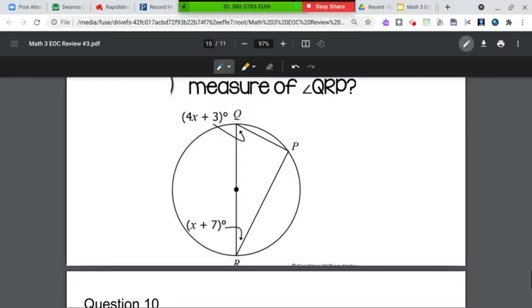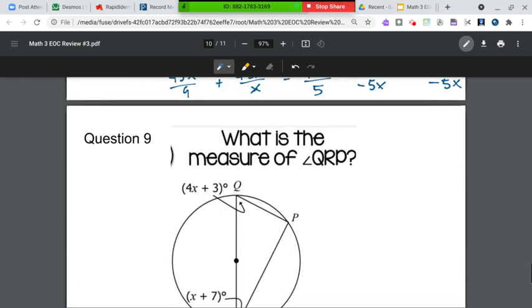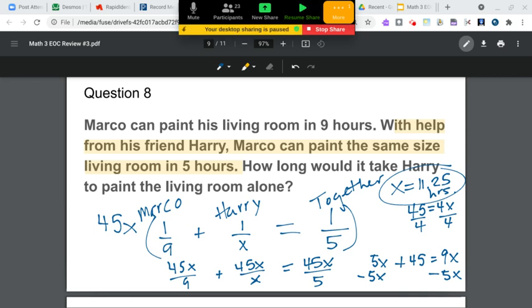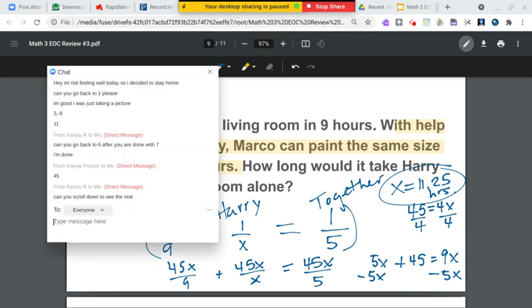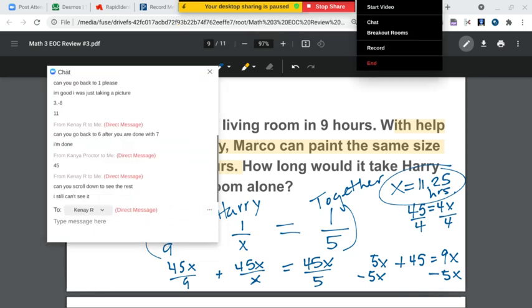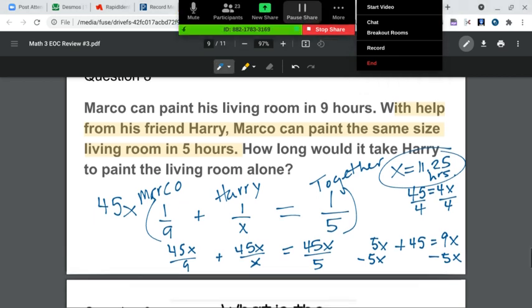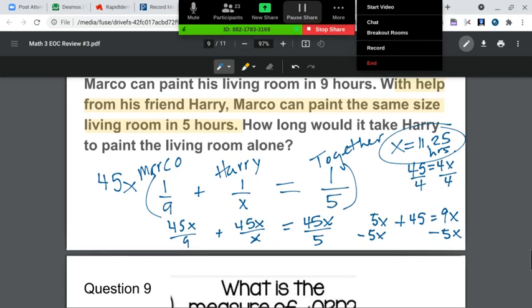Number 9. Somebody's not done, sorry. Can you see it now?